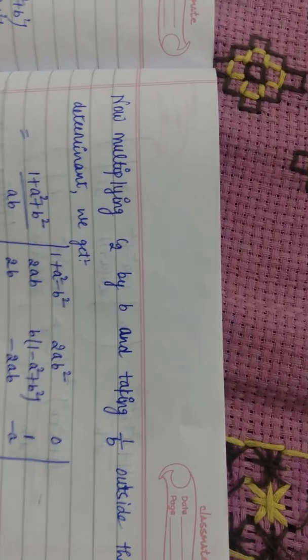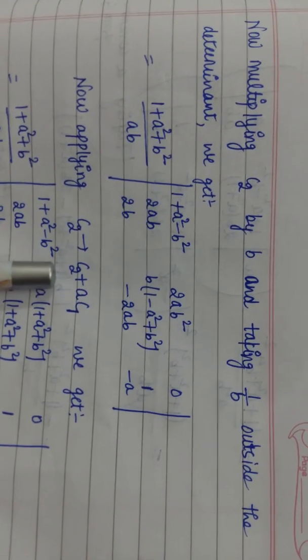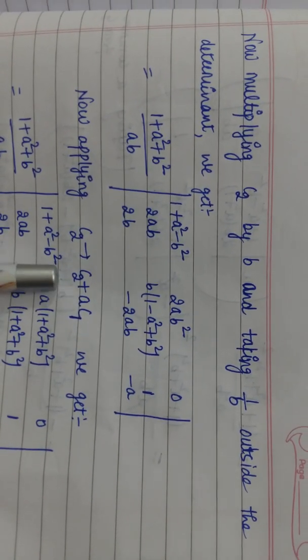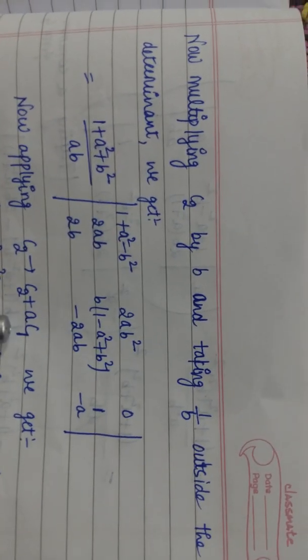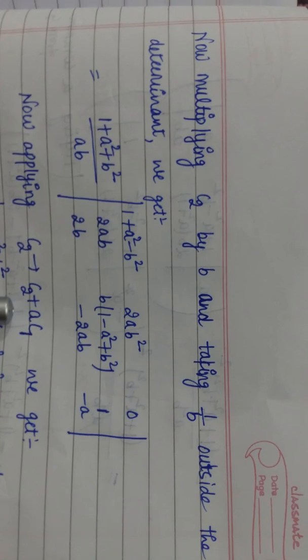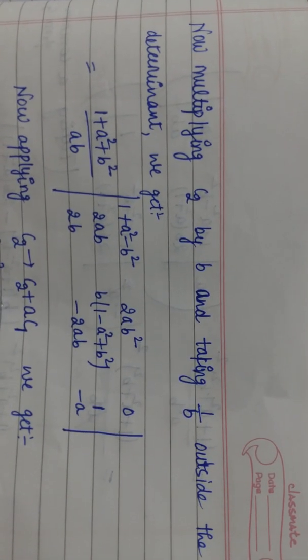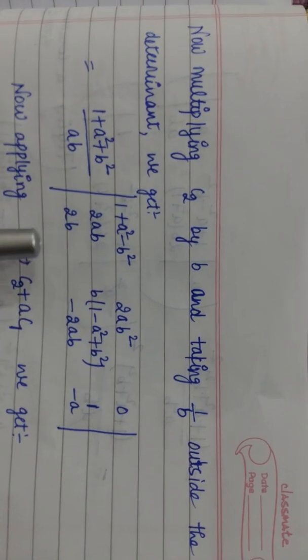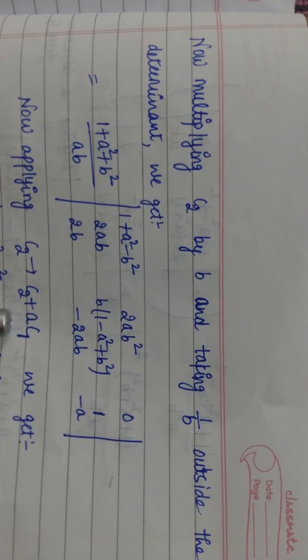Now I am applying the operation C2 tends to C2 plus a C1, which means each entry of the second column will be added to the corresponding entry of the first column after multiplying entries of the first column by a.